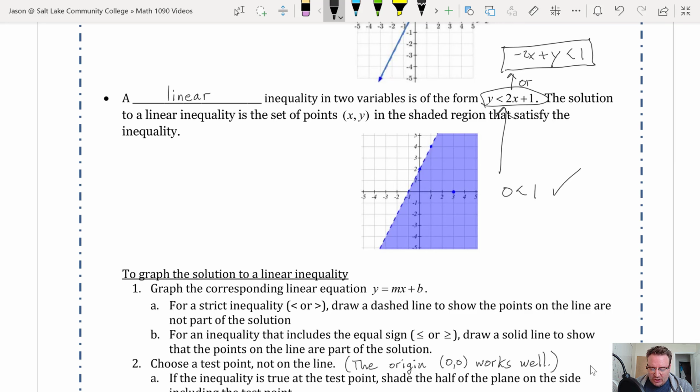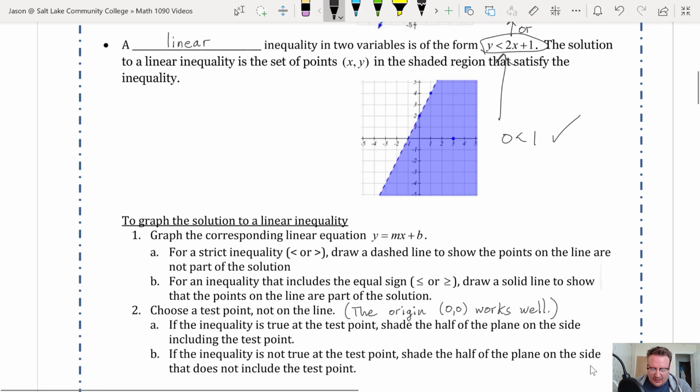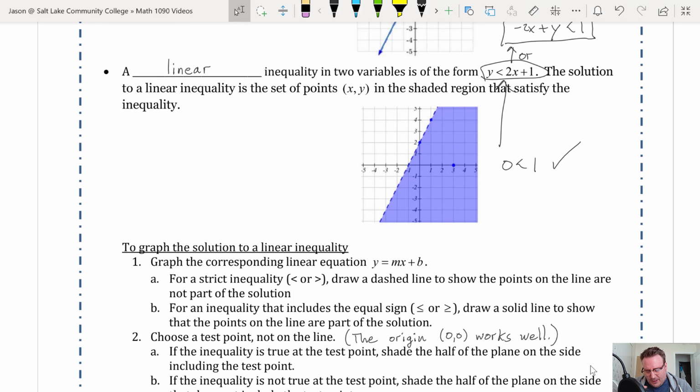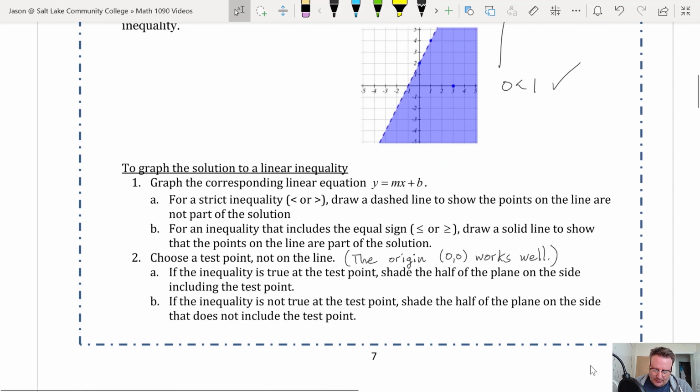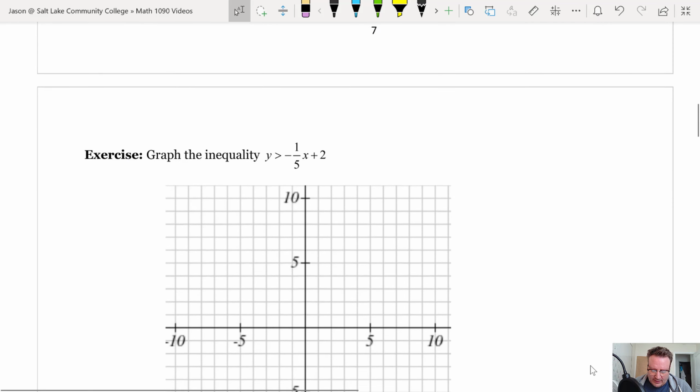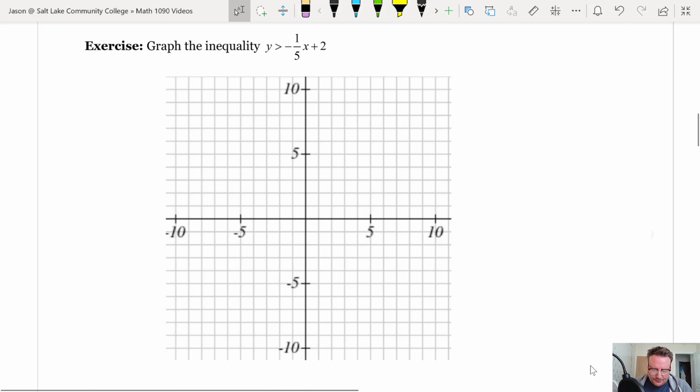So we shade this region here that includes the origin. We shade it blue. Obviously you can't shade like that when you're working with pencil and paper, so we just usually crosshatch or use a color and crosshatch with colored lines.